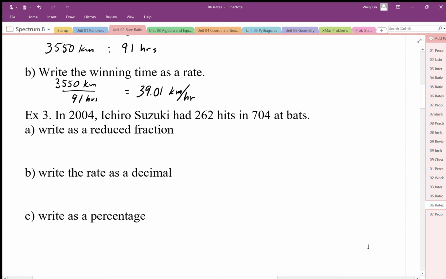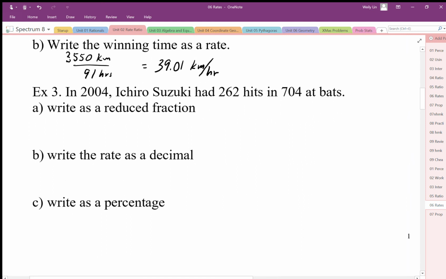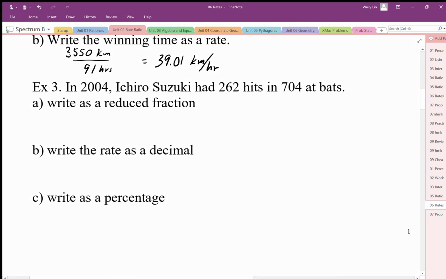So in 2004, Ichiro Suzuki, who's the all-time greatest player ever, in my opinion anyways, he had 262 hits in 704 at bats. So he got that many hits, and he had 704 attempts at it. So let's write this as a fraction and reduce this fraction. So 262 over 704.